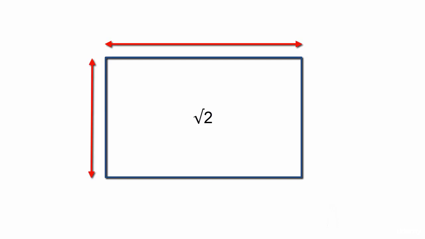Now, this specific relation between the length and width is maintained in all of the papers of the A series. So if you take any paper, for example A1, and divide its length by its width, the result will be √2. If you take A2 paper and divide the length by width, it will be √2, and the same convention will follow for the rest of the paper sizes.